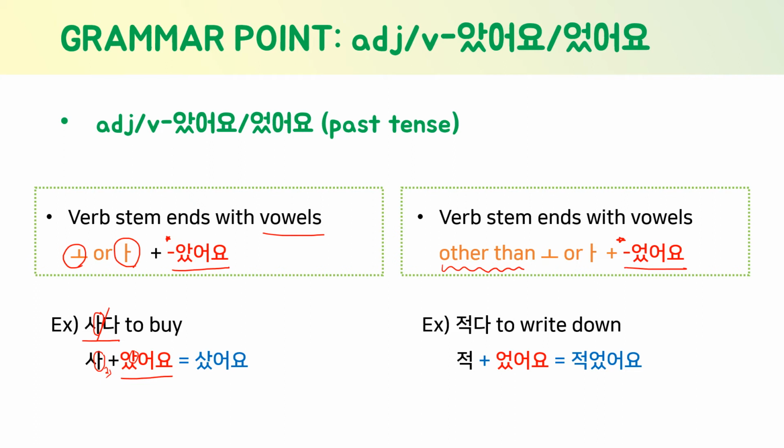So here, 적다. The vowel is not a, not o. So you have to add 었어요, and it becomes 적었어요, which means to write down.